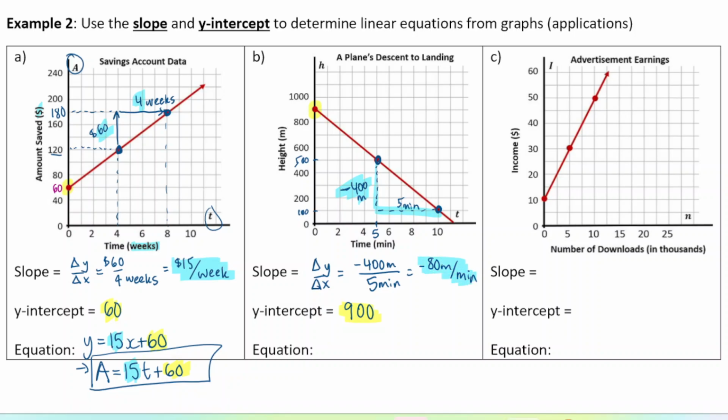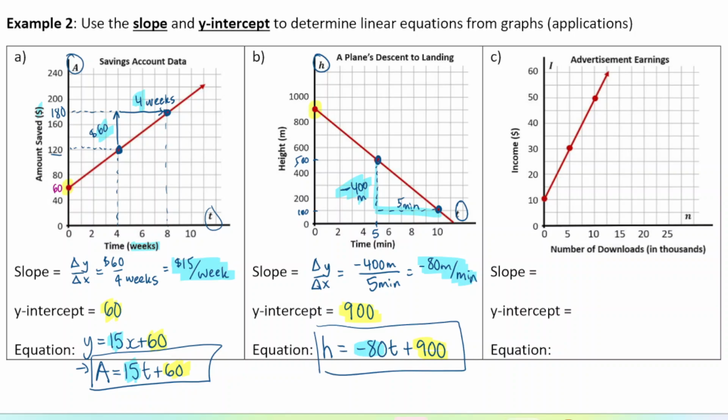And the equation, we're going to use h for the y variable and t for the x variable because we're looking at height over time. So it's going to be h equals negative 80 t plus 900. And there you go.